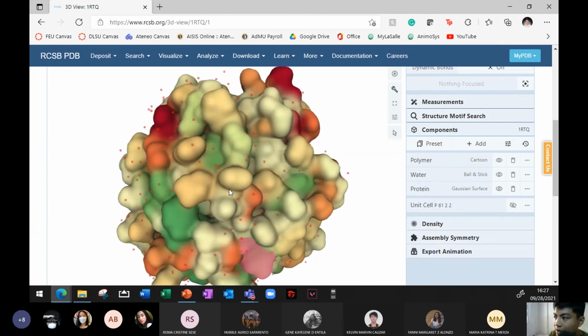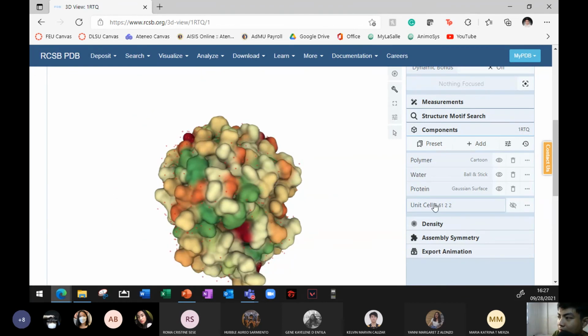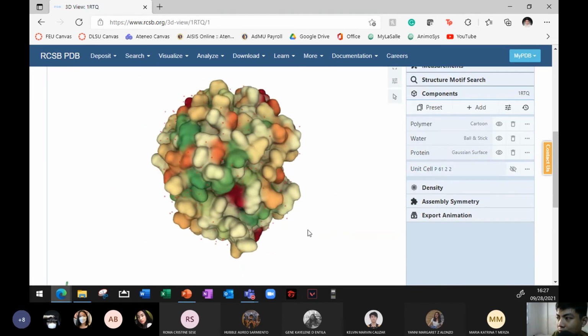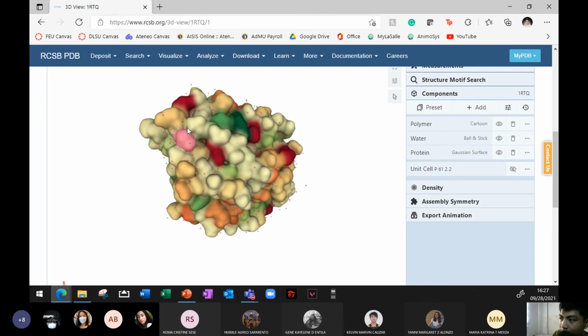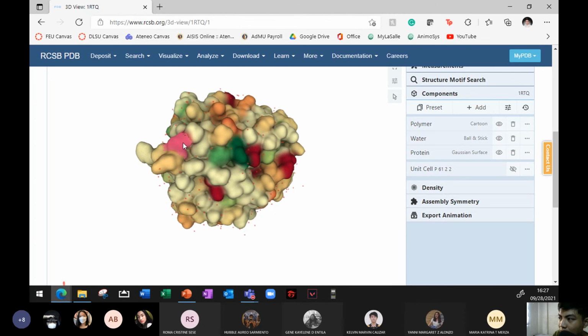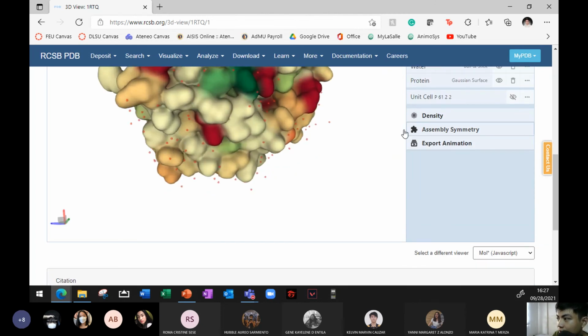Ayan, so ayan, we have the hydrophobicity. So ano meaning ng hydrophobicity? Yung kung polar ba ay nasa labas na. So as you can see, although maraming non-polar, it is important to know that may mga non-polar residues outside. Okay? So for example, ano kaya to? Okay.